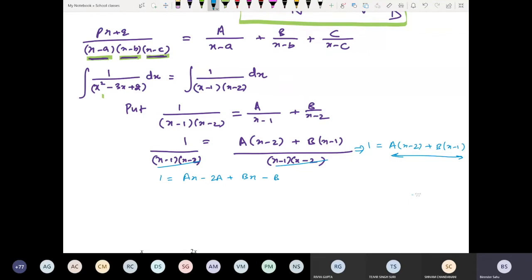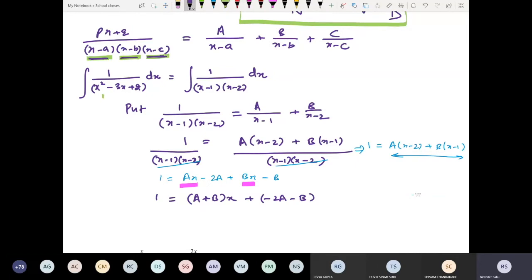Now we are collecting all the terms containing x, which is ax and bx together. So it will be ax plus bx, and we can take x common, so it will be (a plus b) into x minus 2a minus b equals 1.